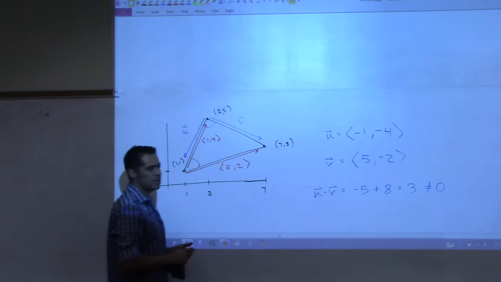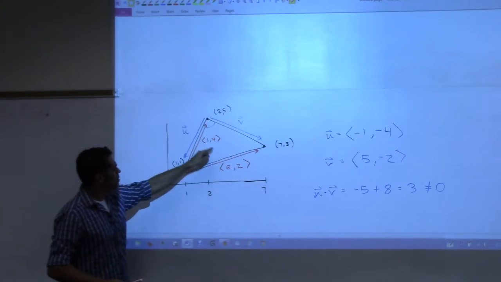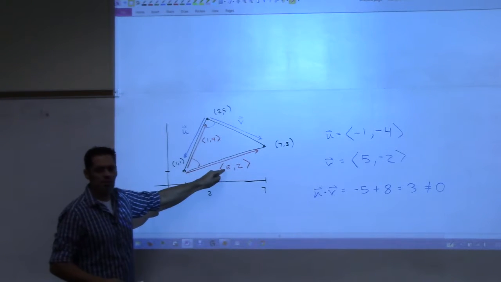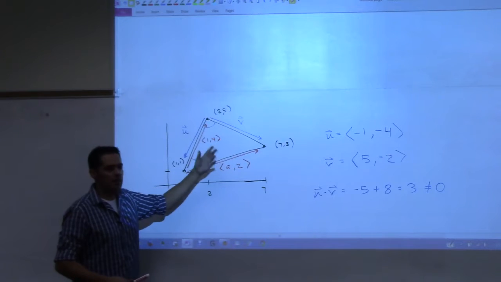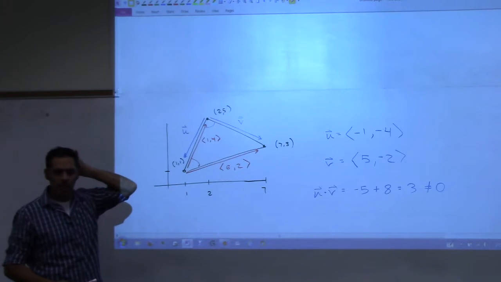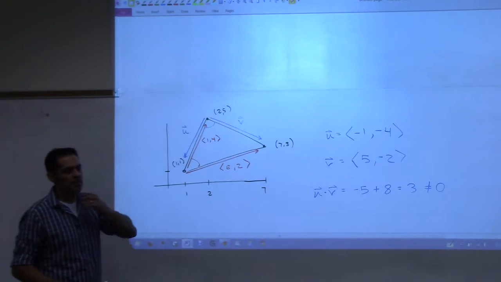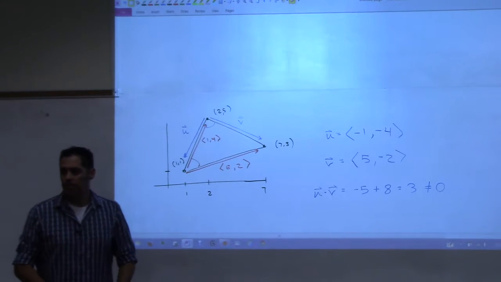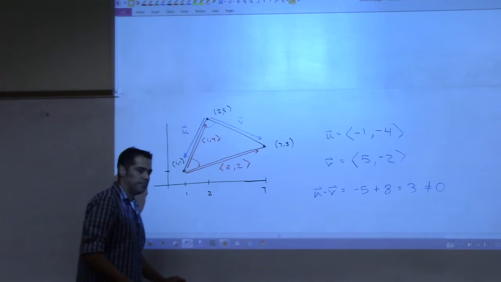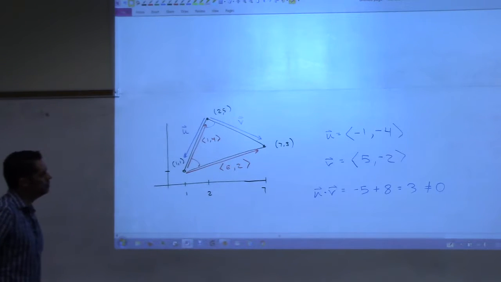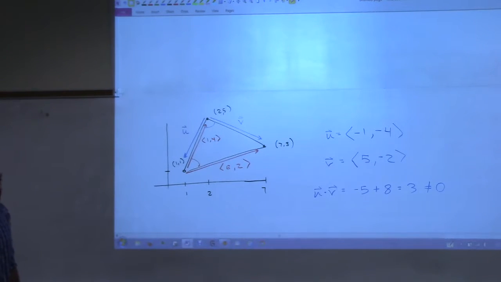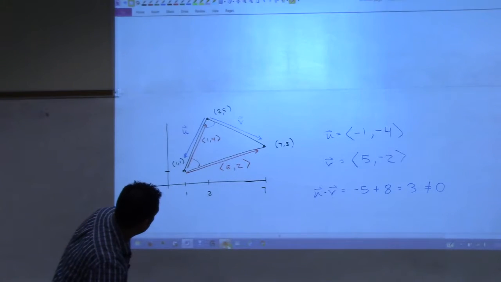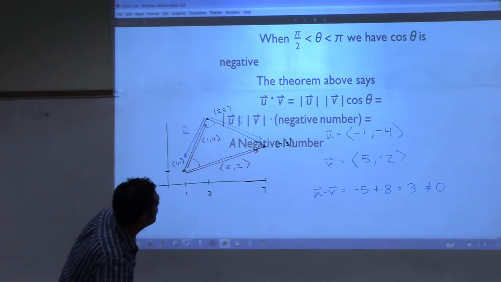If I dot those, it's 1 times 6, which is 6, plus 8, which is not 0. So this is not a 90. And then unfortunately you would have to check the last one. It's not either. So that's a very quick way of checking whether or not 2 vectors are orthogonal. And I think we'll end it with that.